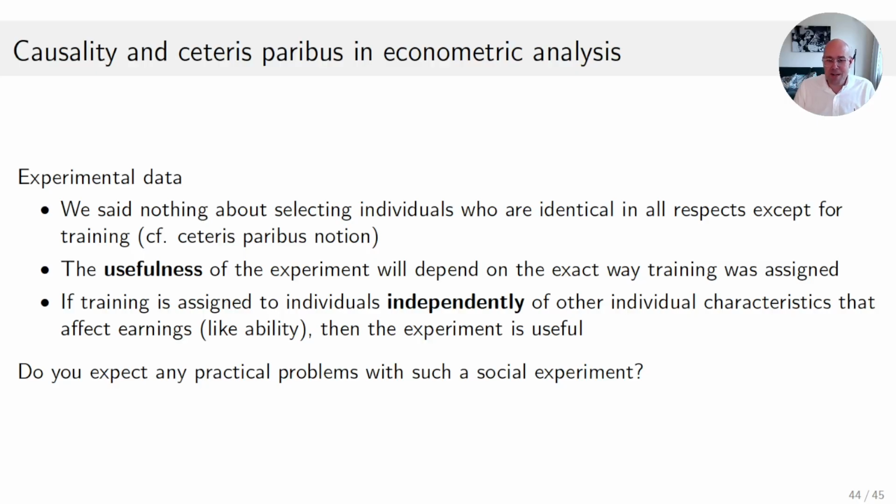And if such practical problems happen, we have to think about, are these data still useful? And it turns out that they are. And again, econometric methods are actually very useful in this context, as we will see later in the course when we actually come back to this very example.